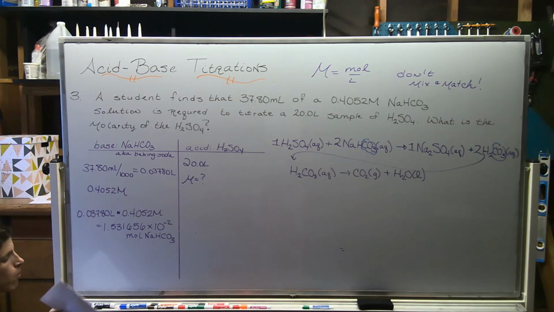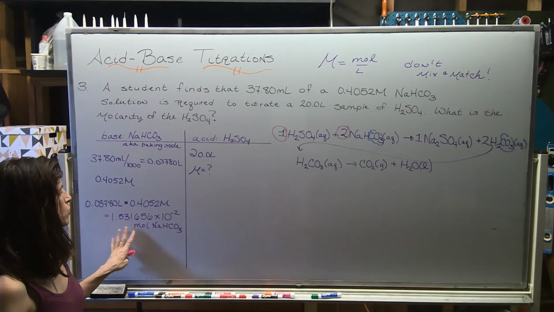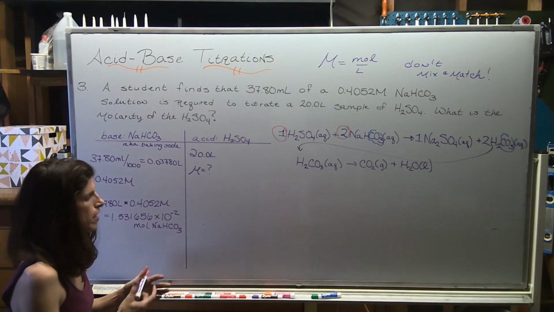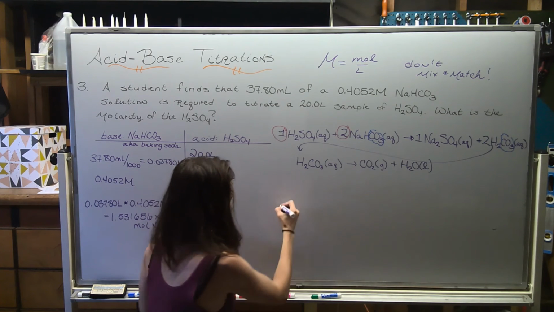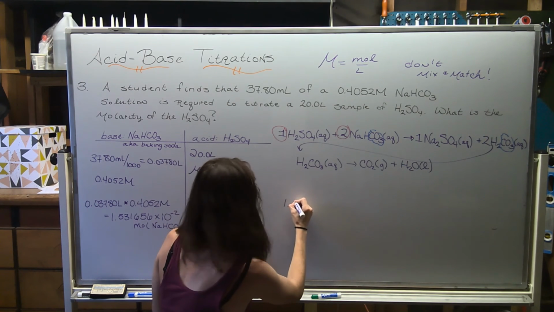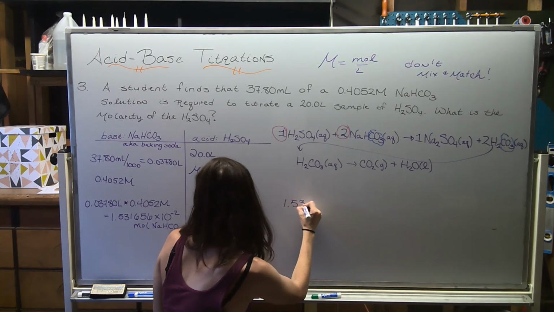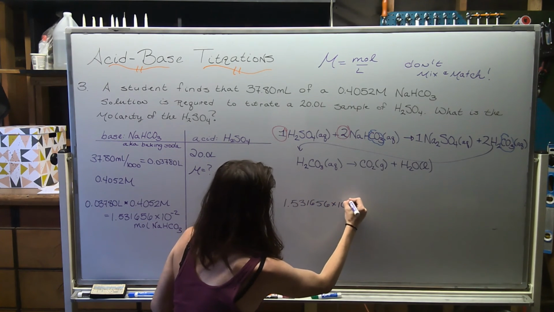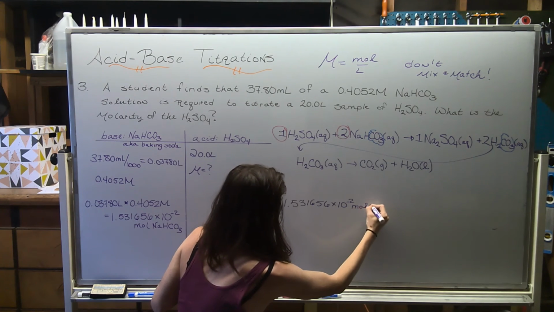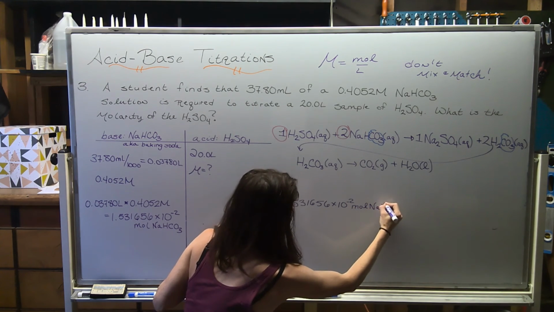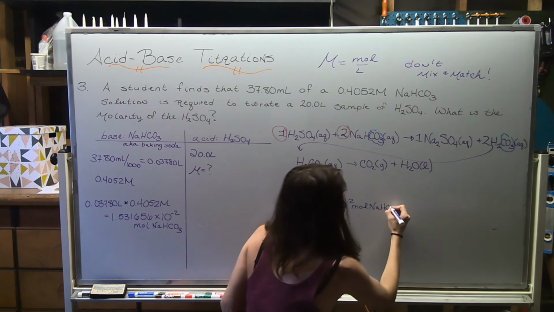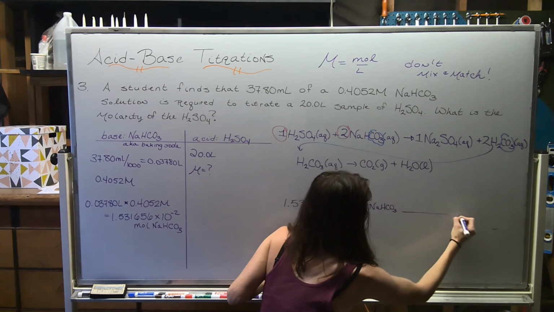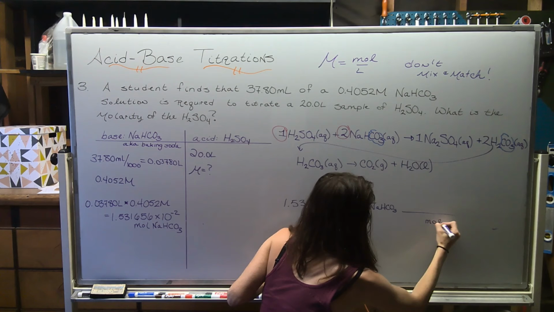When we're going from moles of one thing to moles of another, we need to use the coefficients of our balanced equation. All right, so I'm going to use this number, and I'm going to rewrite it over here so I can convert the moles of my base to acid. So I'm trying to get rid of the sodium bicarbonate, so that's going to go in my denominator.